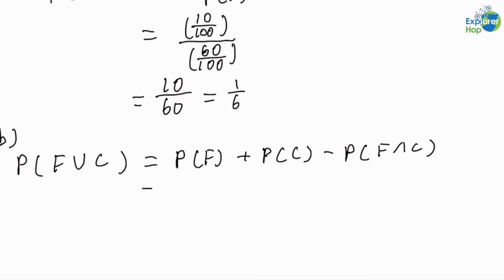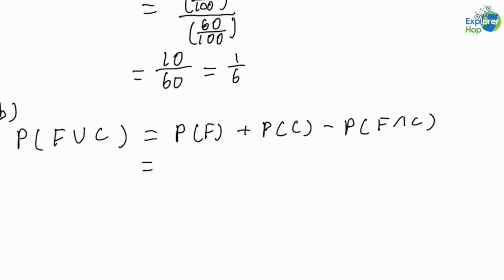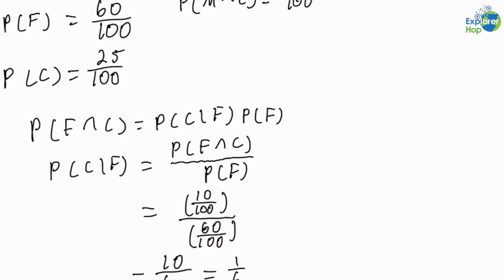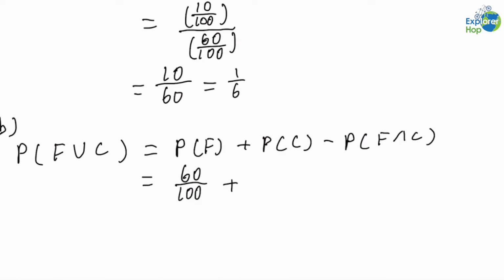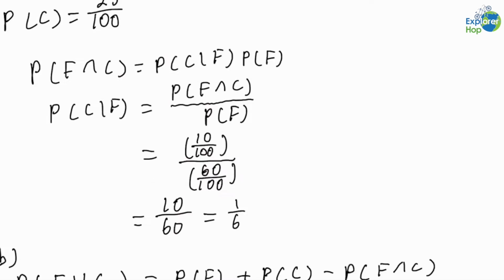And this is just equal to the probability of event F, which is equal to 60 over 100, plus the probability of event C, which is equal to 25 over 100, minus the probability of the intersection of event F and C, which is just equal to 10 over 100.